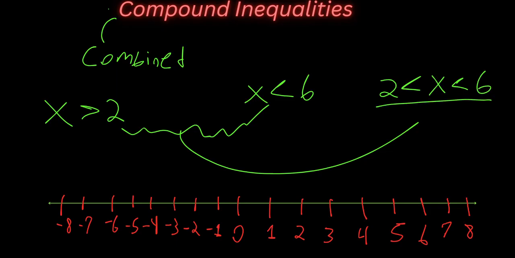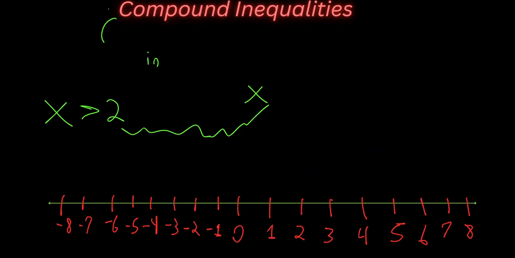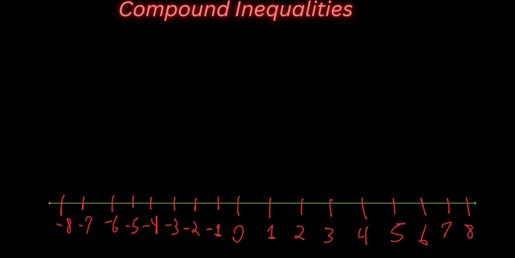And this is a compound inequality. So that's what a compound inequality is. It combines two inequalities into one statement.